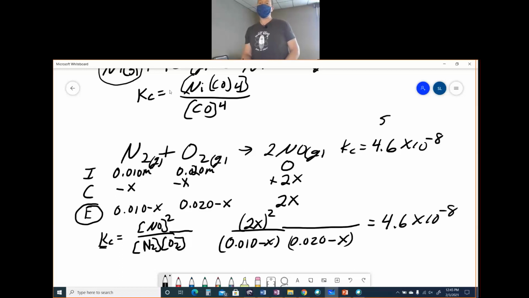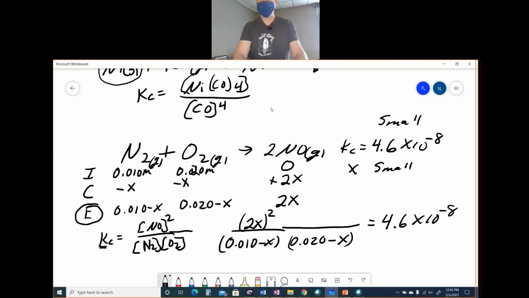All right, so this is a small Kc. What that means is we're going to have fewer products. So the amount that comes to the right is going to be a small number. So we know that x will also be small. Anytime your K value is small, your x value going to the right will also be small.